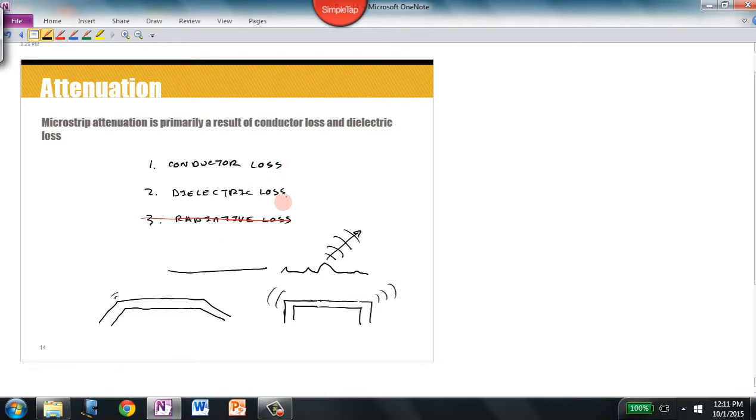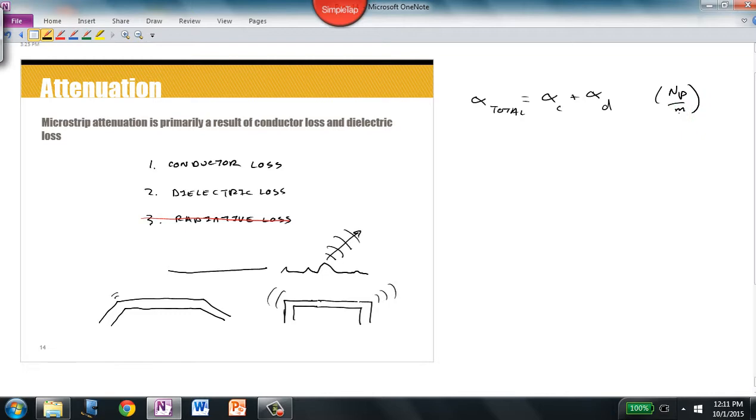Because these are the only ones left, we typically approximate total attenuation as consisting of two parts: attenuation due to the conductor metal itself, plus the attenuation due to the dielectric material. So the total attenuation is the sum of the conductor loss and the dielectric loss, and as with our previous discussion of attenuation on T-lines, this is measured in units of Nepers per meter.